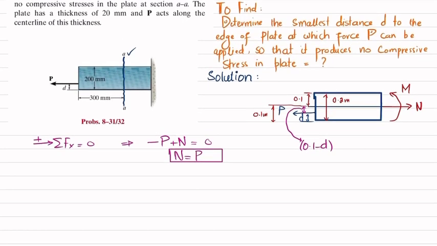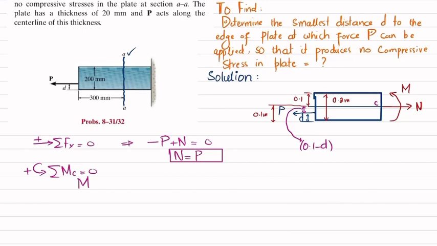Now we'll find the moment. Let this point be point C. Clear? So the sum of all moments about point C must be equal to 0, taking the counterclockwise moment as positive. About point C, one moment is this moment M, which is counterclockwise, so it will be positive.